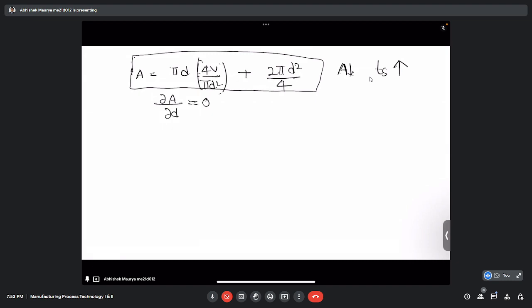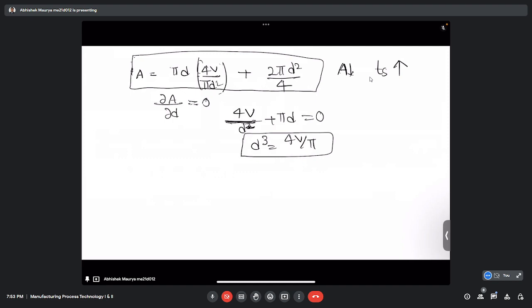If we do that, we will get the relation minus 4v by d square plus pi d is equal to 0, or what we can say, d cube is equal to 4v by pi. Okay, now we have got some relation between the diameter and the volume of the riser.